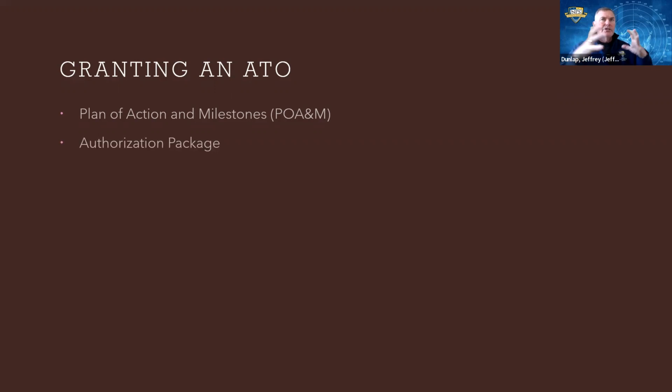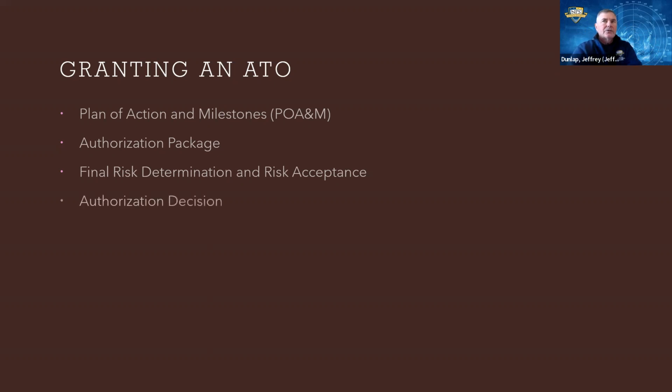I put all this together for them. And the authorizing official is basically going to do a final risk determination and risk acceptance, right? Have you done everything you possibly can do? So let's think initial capability. All right, fine. I get an ATO. That's sort of how it goes. And I get an authorization decision.